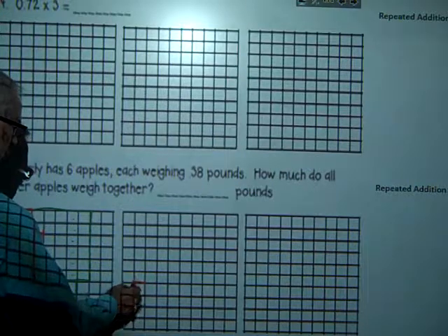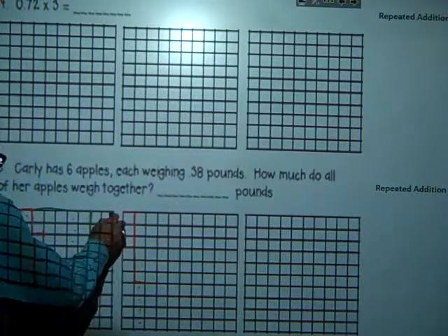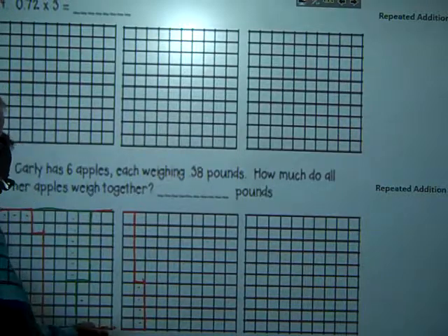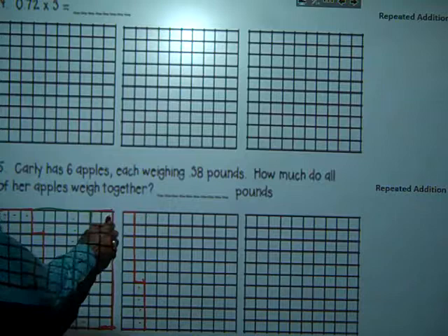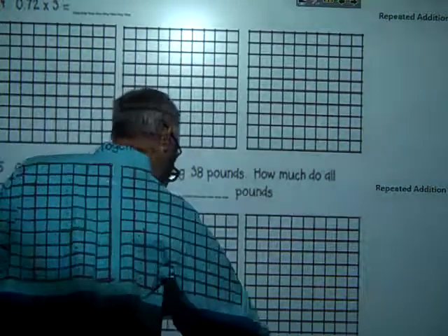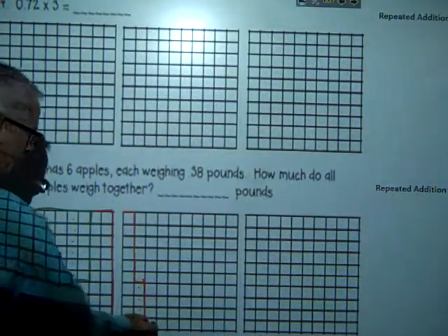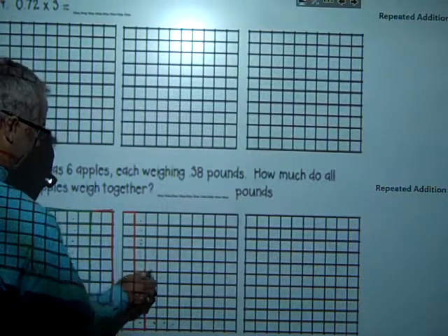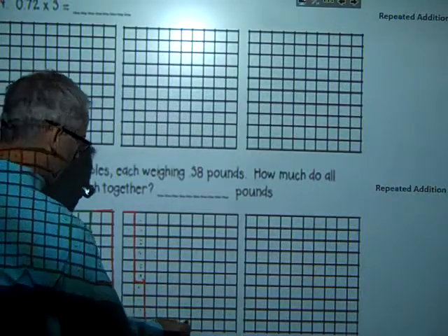What happened? I went to the other square, didn't I? Yes. Is that okay? Yeah. That just means I have 1 whole shaded, right? Yes. Okay? And then I do it again. 10, 20, 30, 1, 2, 3, 4, 5, 6.